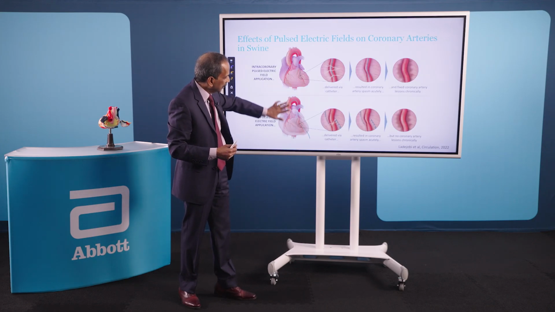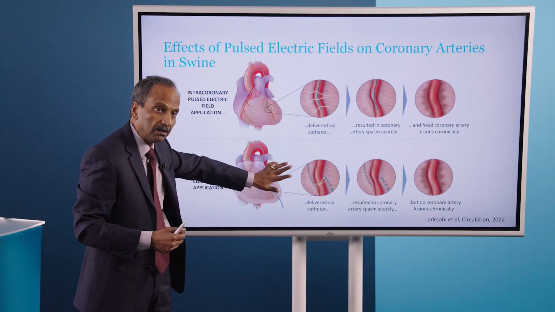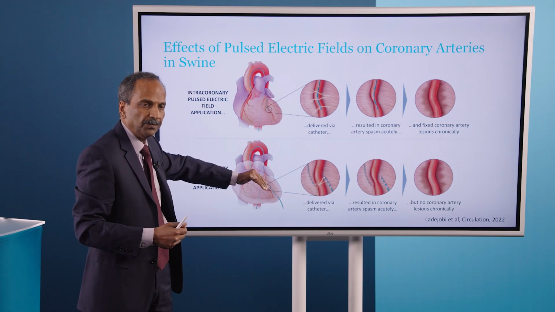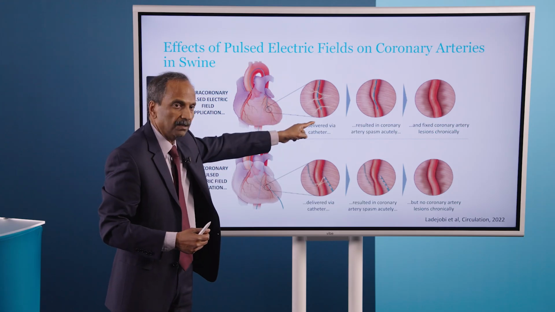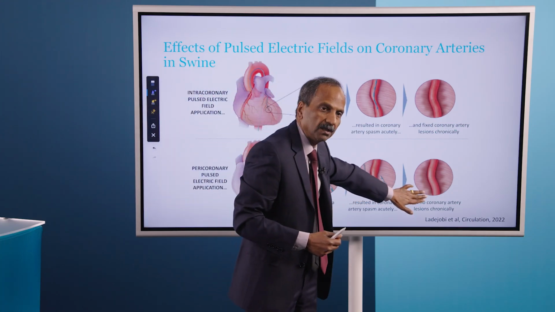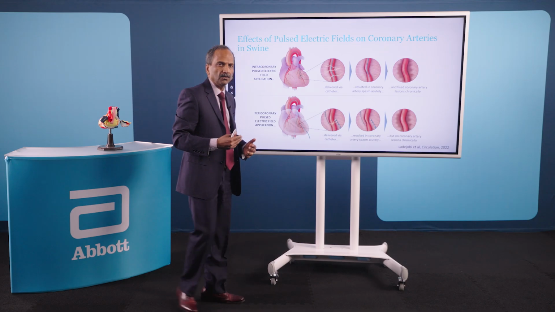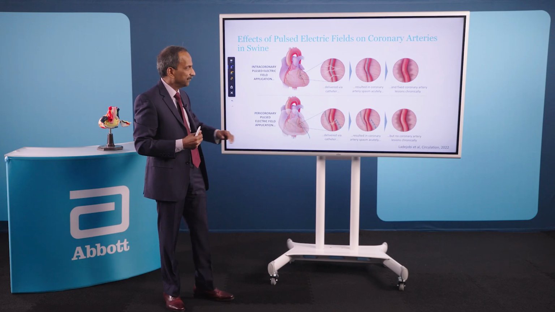On the other hand, if we ablate from near the artery, not on the artery, but close to being right on it, but not inside the artery, then we do not see permanent lesions. And this has largely been the experience with other translational studies and the brief human literature.